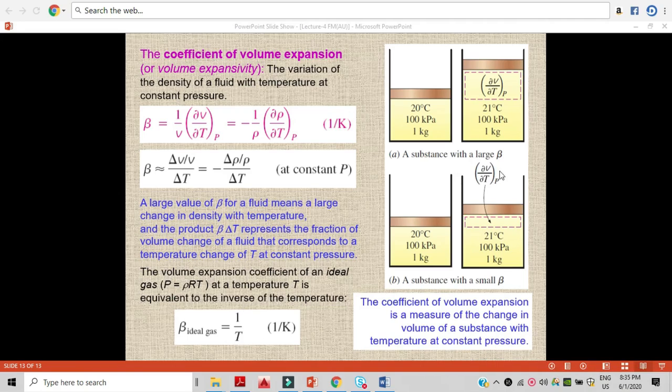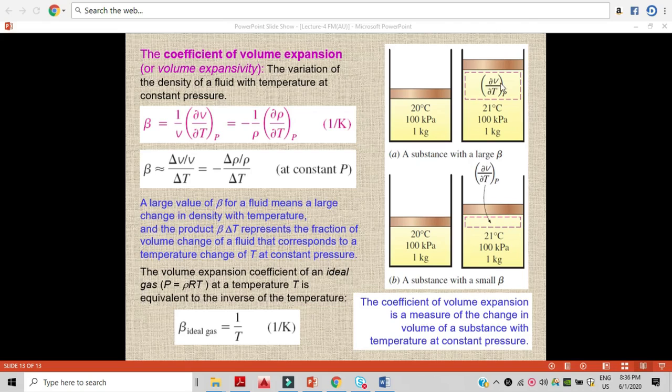Here in the picture you can see there is a piston container available. There is a gas or a liquid, whatever the fluid is, at 100 kilopascal, 1 kilogram in weight, at 20 degrees centigrade. Here is the substance with a large beta. Why?